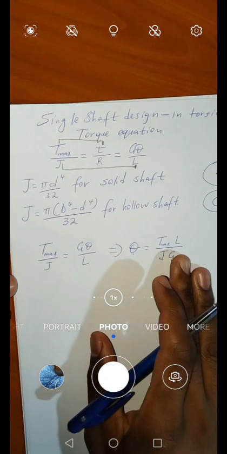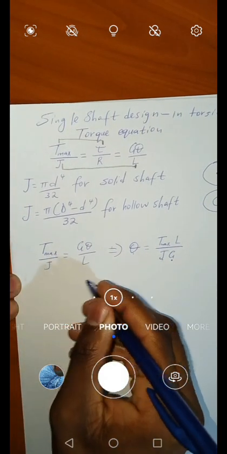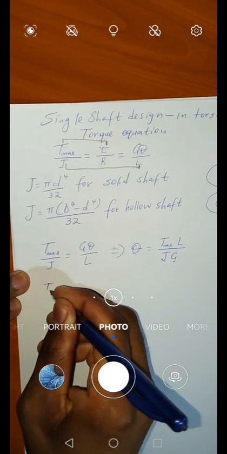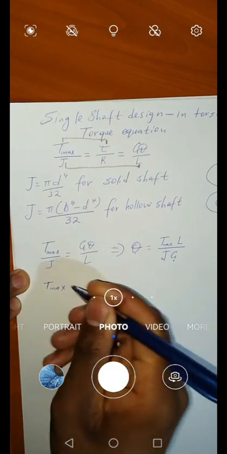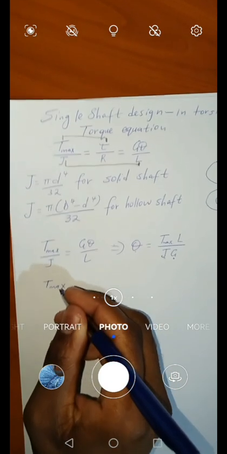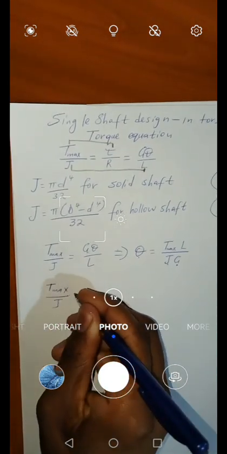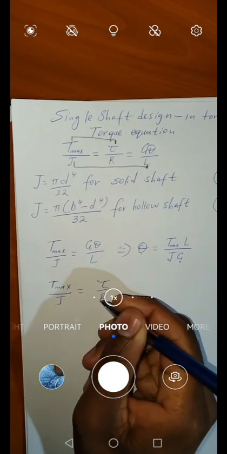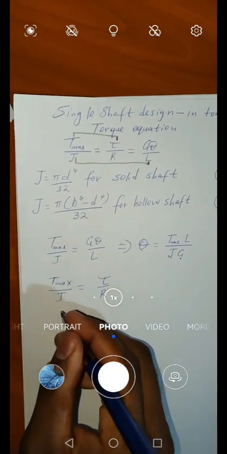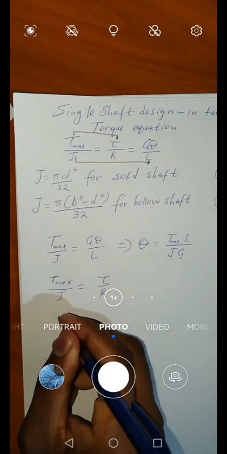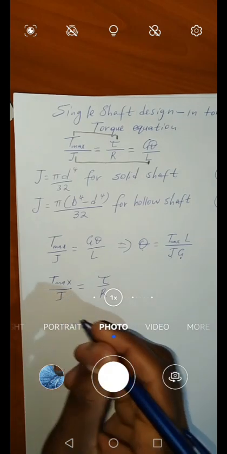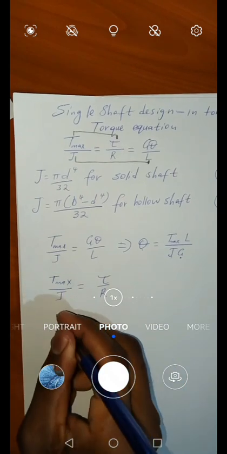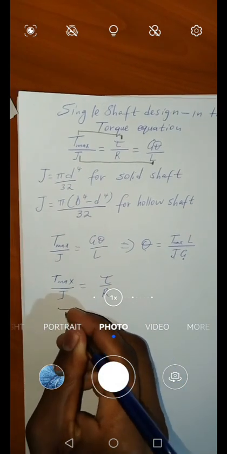Right, from there you can also group this one or equate this T max over J equals to shear stress over R. Then you can make shear stress the subject of the formula, but let's talk about the shear stress.